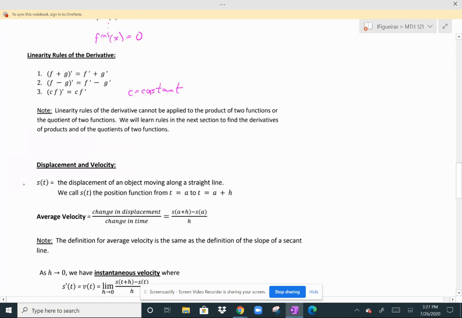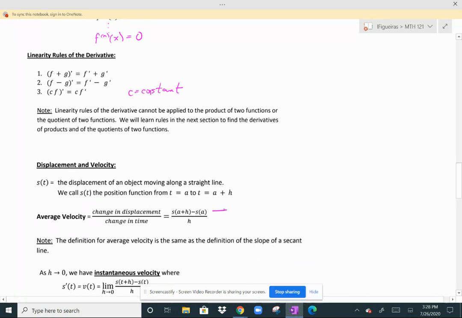So if we let s of t be the displacement or the position of an object moving in a straight line, sometimes you might hear the term rectilinear, which means straight line. s of t would be the position function. And if we want to determine what the average velocity is from t equal to a to t equal to a plus h, in other words, a time interval, some time has elapsed, that is again just a slope calculation.